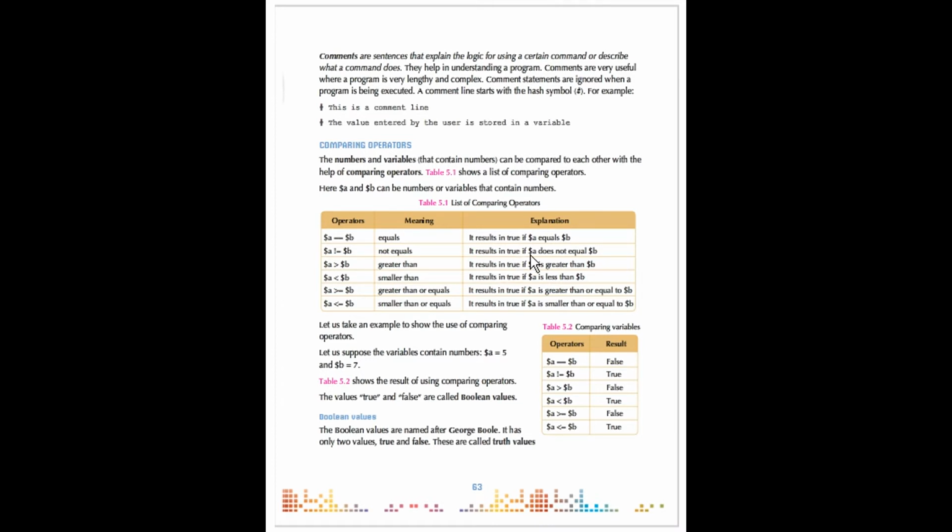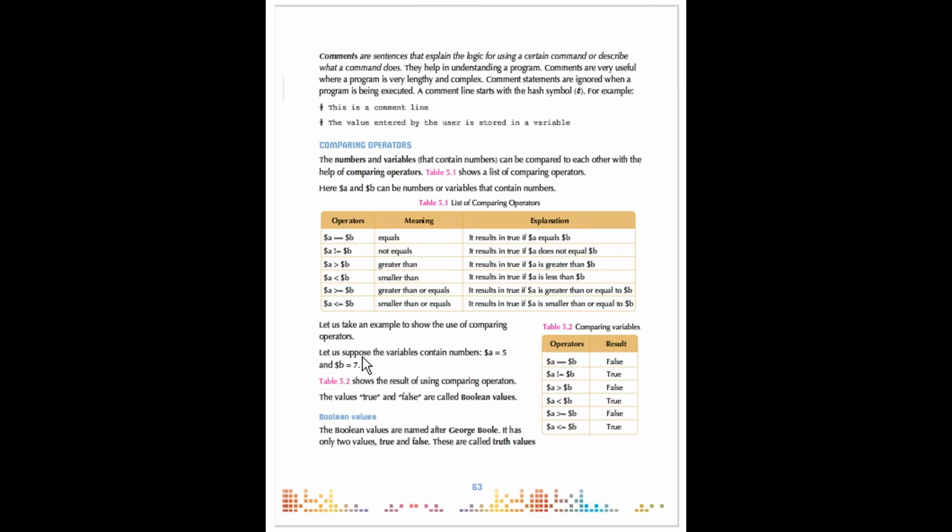It results in true if A does not equal B. A is greater than B: it results in true if A is greater than B. A less than B, or smaller than: it results in true if A is less than B. A greater than or equal to B: it results in true if A is greater than or equal to B. A less than or equal to B: it results in true if A is smaller than or equal to B.